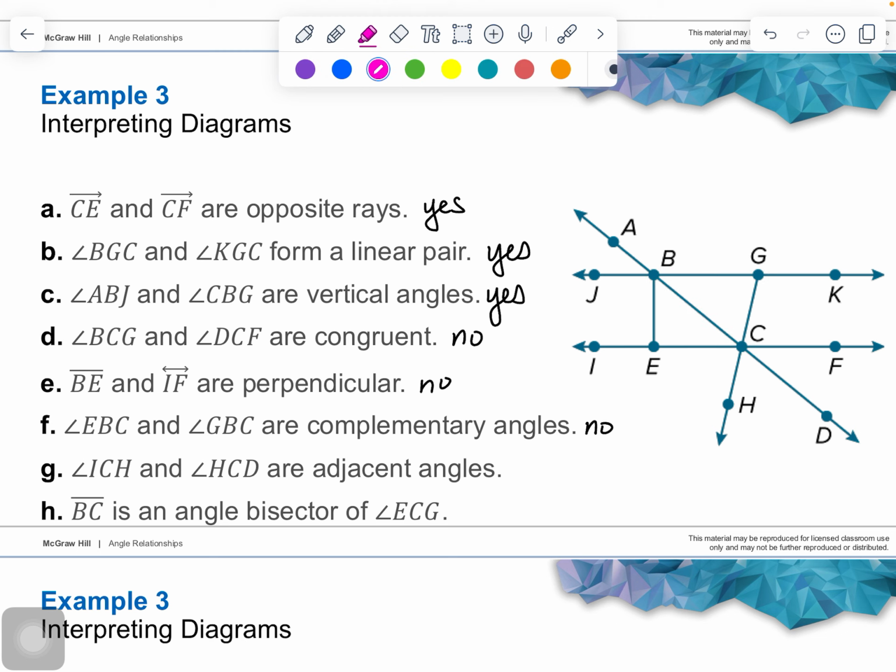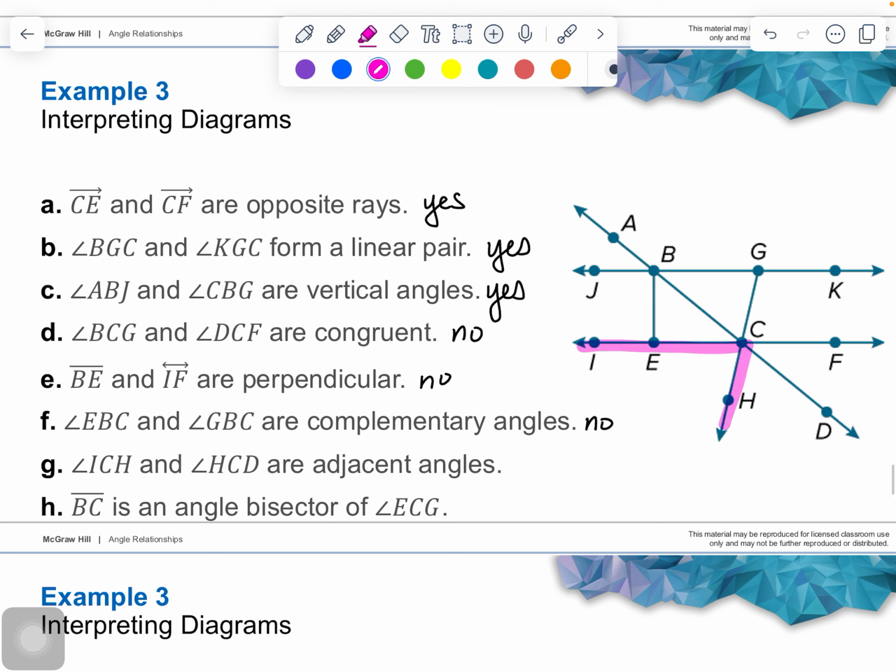ICH and HCD are adjacent angles. Yes, they share a common vertex and a side. Segment BC is an angle bisector of ECG.